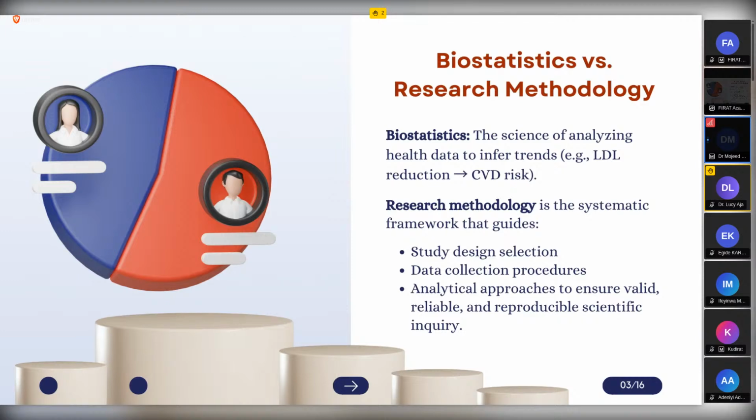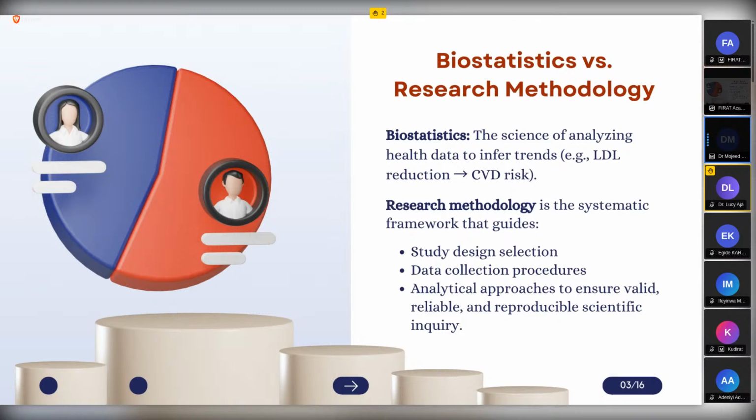Biostatistics is a branch of statistics because statistics is a field that is applied in many other fields, including business, education, psychology, agriculture, economics, and all that. But when you now apply statistical tools and methods to analyzing health data, then you are talking about biostatistics.